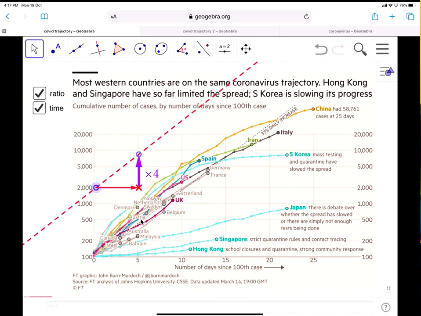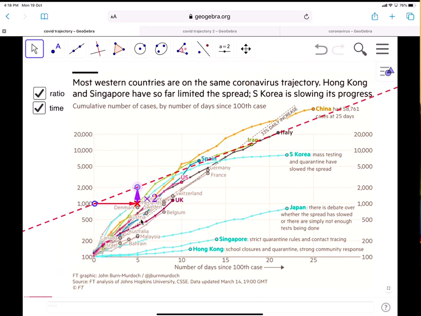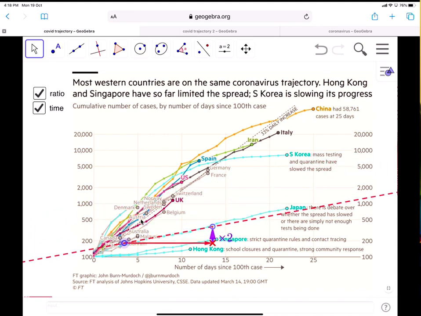Let's quickly see another case. For example, if you're looking at doubling, from 1,000 to 2,000, but within 10 days, then the graph will be something like this. The steepness will be something like this, and you can look at it here. For example, Japan. Now I put it here in this position, and in a certain period, the number of cases in Japan is more or less like this.